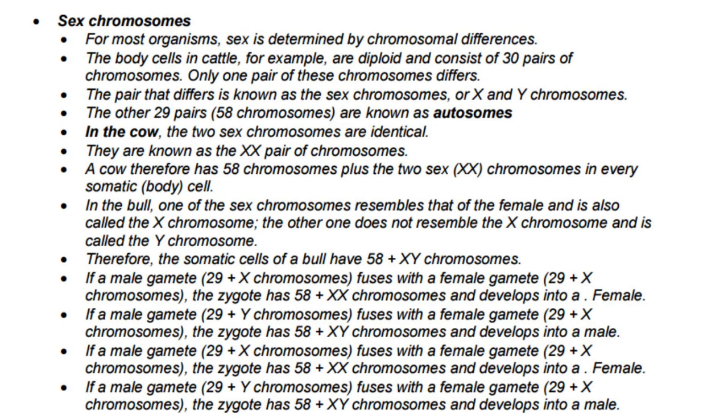If a male gamete, 29 plus Y chromosomes, fuses with a female gamete, 29 plus X chromosomes, the zygote has 58 plus XY chromosomes and develops into a male.